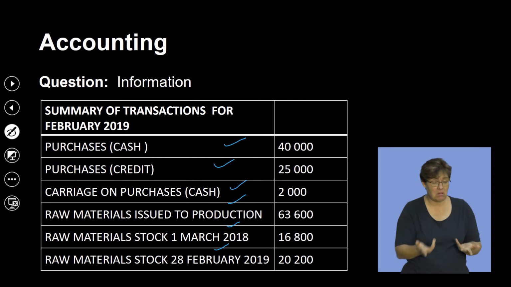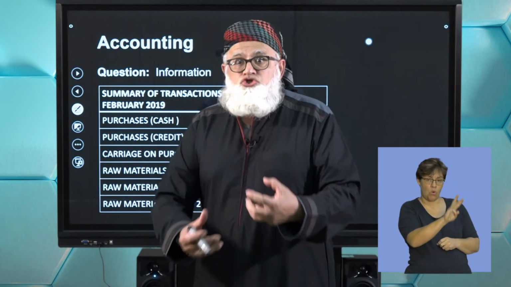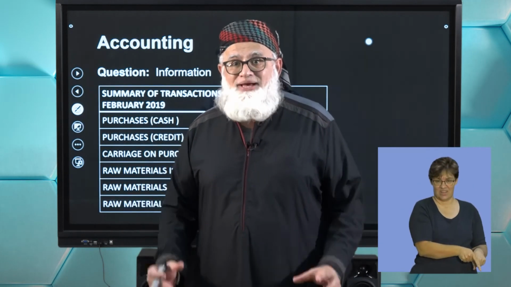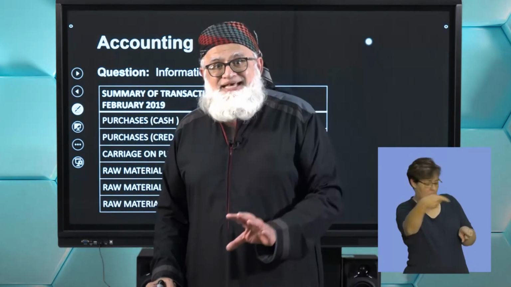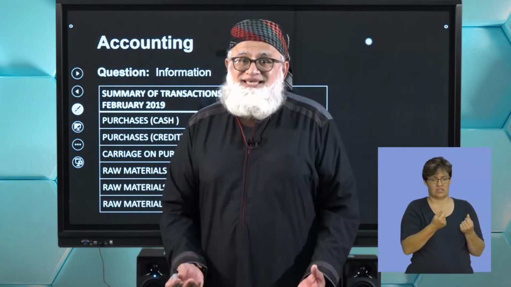We know that carriage on purchases, remember we said all the costs incurred in bringing the raw materials to our place of manufacture, to where our factory is situated, would form part and parcel of the cost of my raw materials, right?